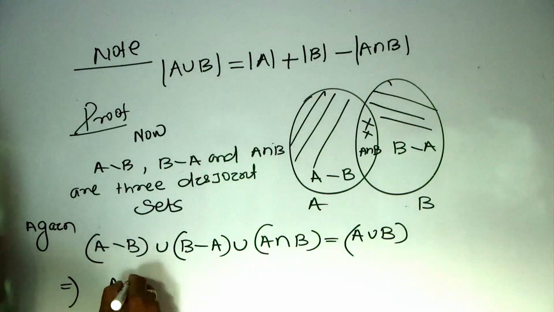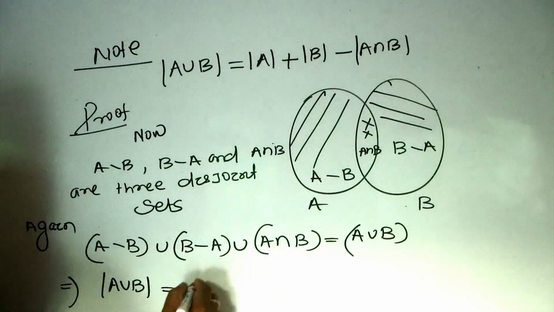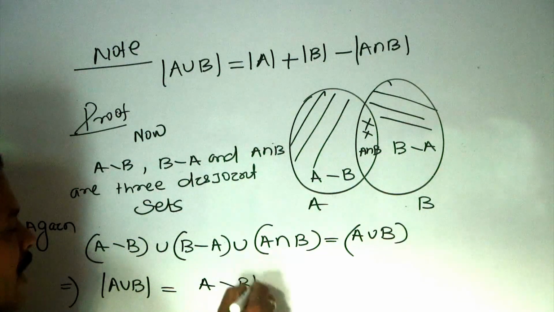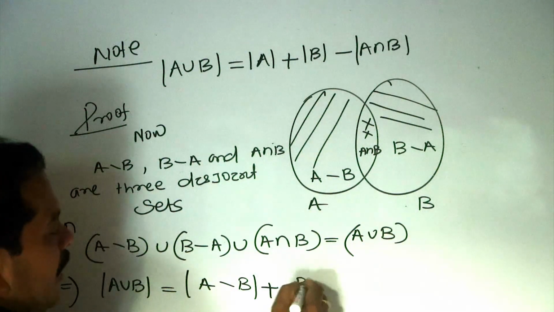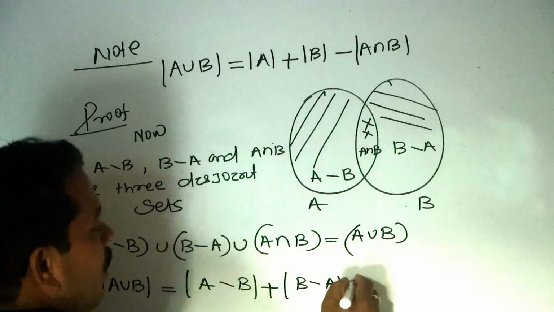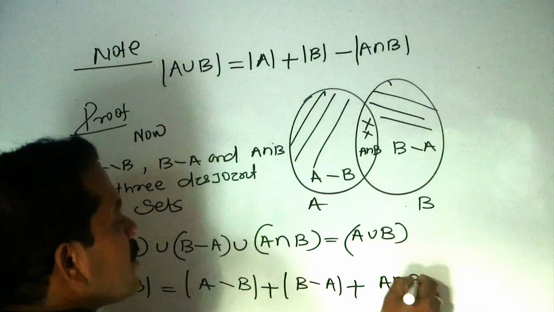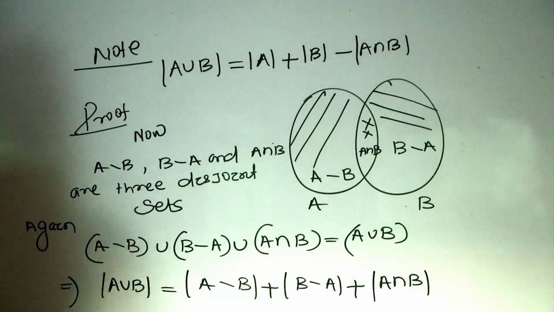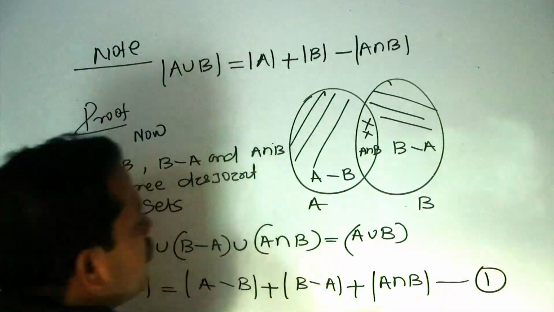That means cardinality of A union B equals cardinality of A difference B plus cardinality of B difference A plus cardinality of A intersection B. Take this as equation 1.